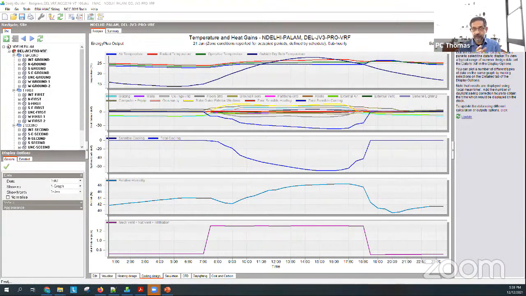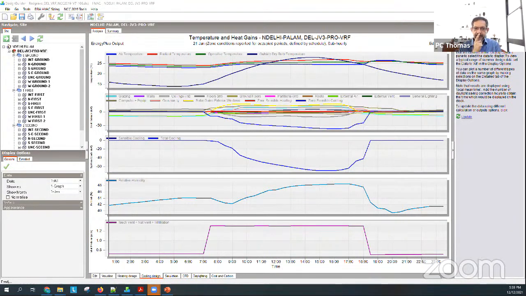And I know that there is now an ECBC type thing for residential buildings, and you might want to go there and see whether they have at least an occupancy schedule that you can use for this.